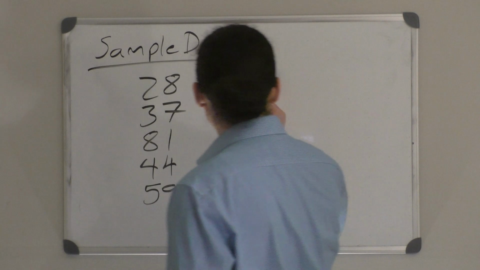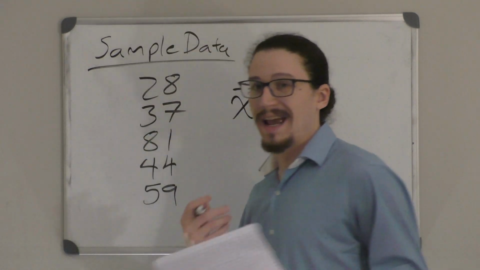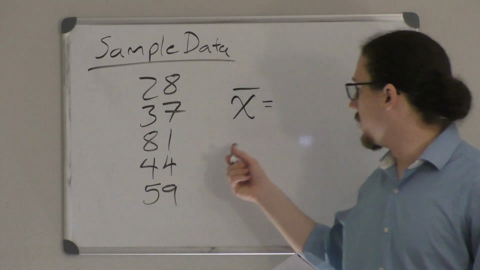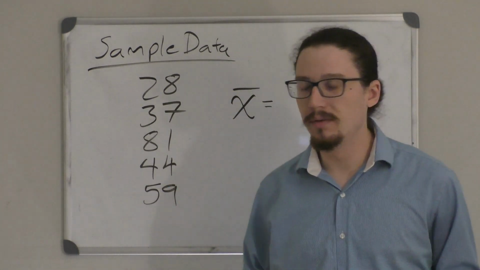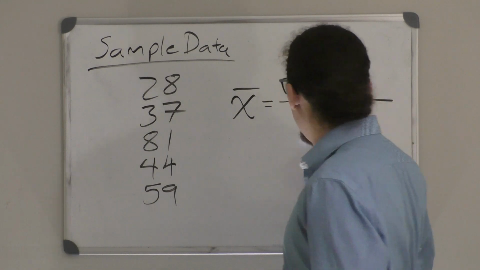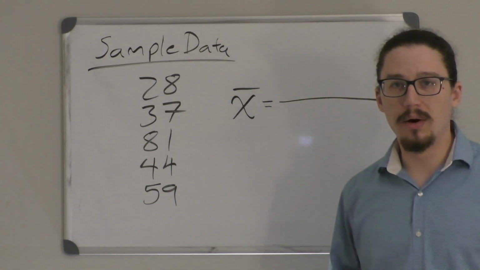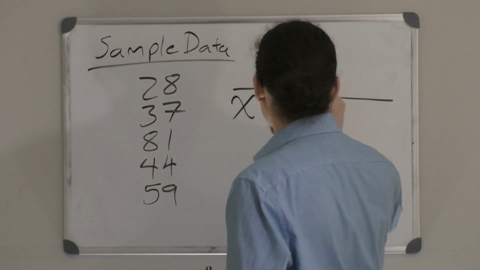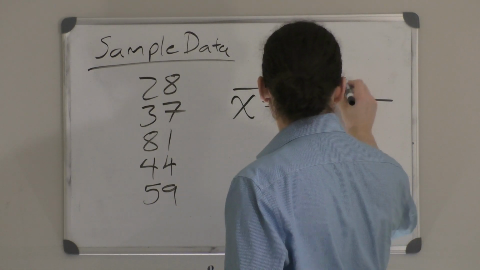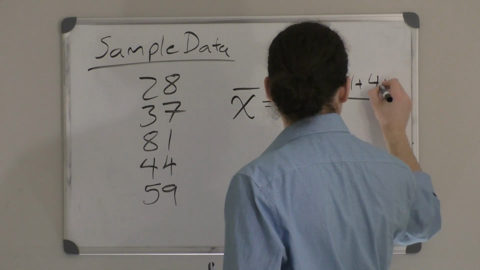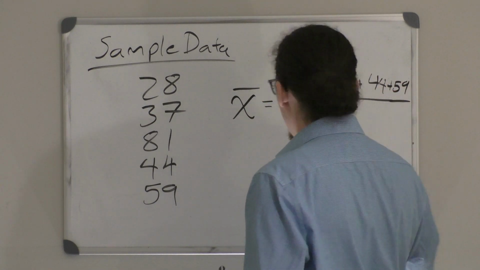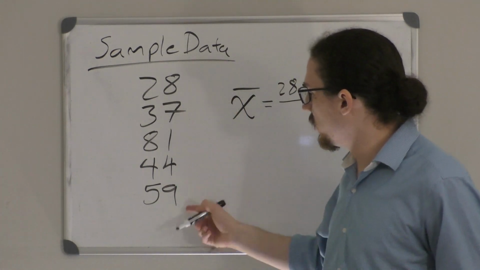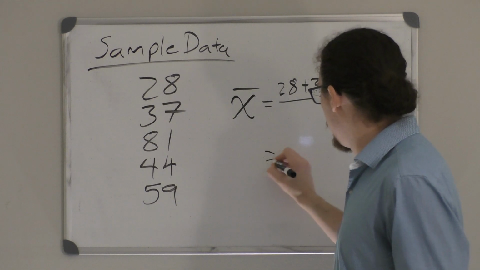All right, so if we were asked to find the sample mean for this, really if we were just asked to find the mean, we would say, well, it's sample data, so we need to use x bar instead of mu. We need to add up all of our values, so 28 plus 37 plus 81 plus 44 plus 59, and then we're going to divide that by the total number of observations.